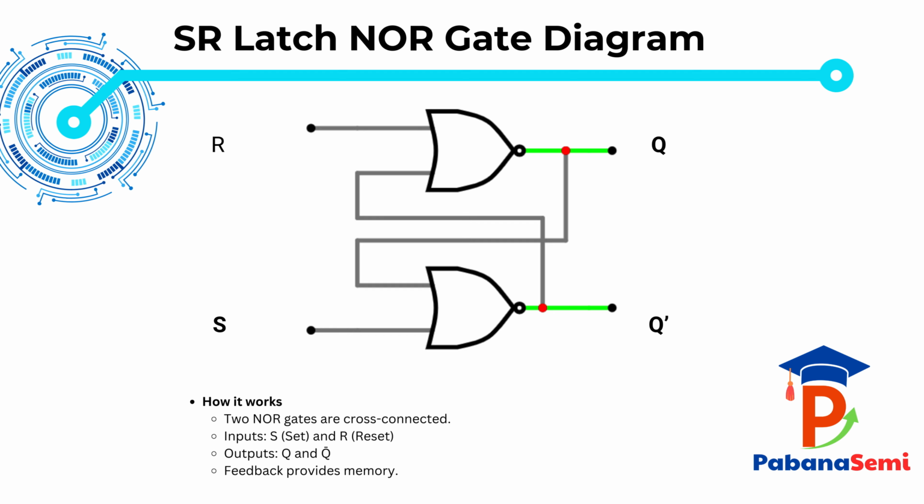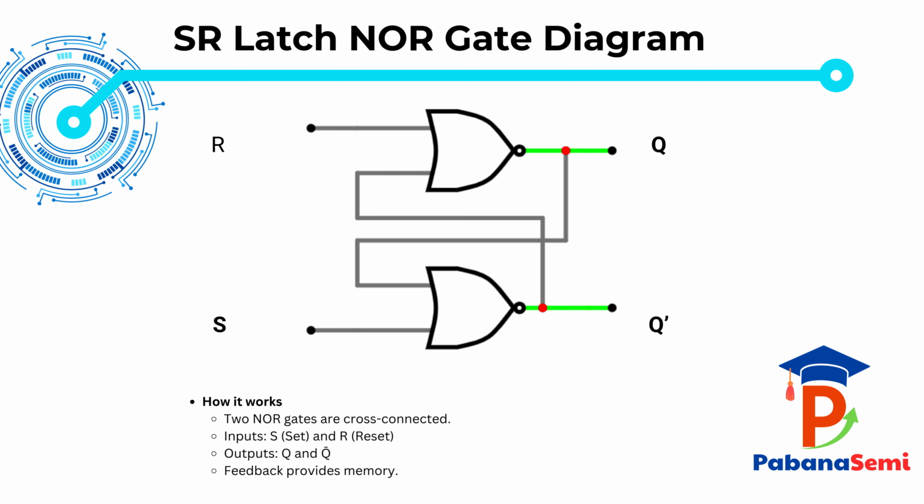Third case, when S equals 0 and R equals 1. Now, the upper NOR gate forces its output to 0. Through feedback, the lower gate output becomes 1, so finally, Q becomes 0. This is called the reset state. Now, the important warning case. When S equals 1 and R equals 1, both NOR outputs go to 0.